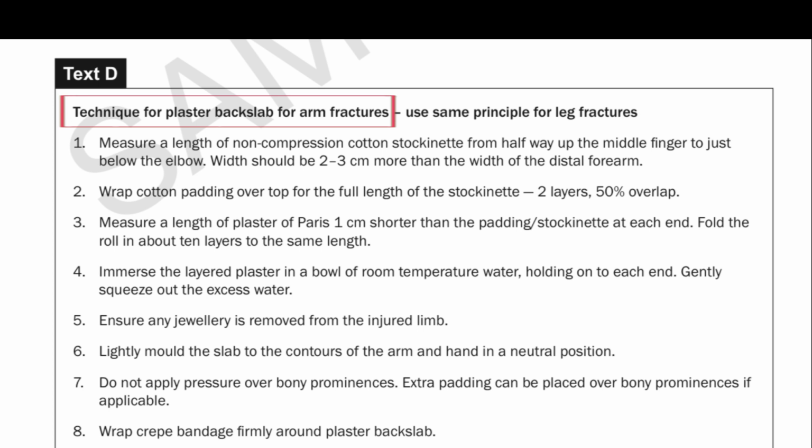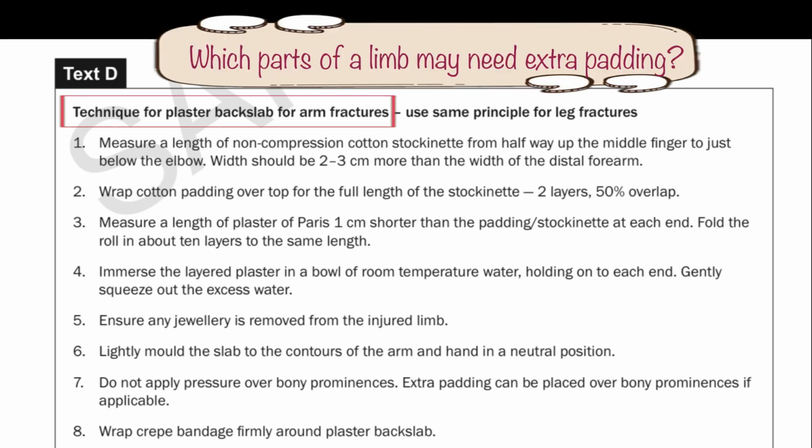Now go back to the question, which parts of a limb may need extra padding? And now we scan the text for its answer. Measure a length of non-compression cotton stockinette. Wrap cotton padding over top for the whole length of the stockinette. Measure a length of plaster of Paris 1 centimeter shorter.